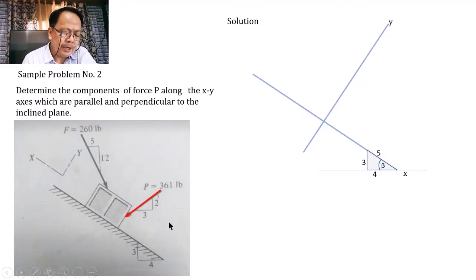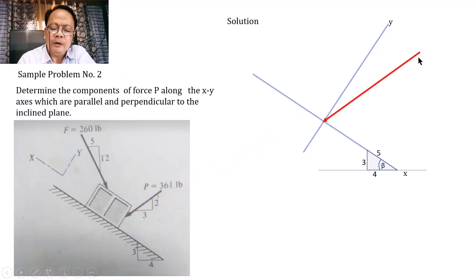Here's our P. P is acting at an angle of 2 vertical, 3 horizontal. Let us imagine that this is acting at this point, so let us transfer this from here. And so here is our force P having a magnitude of 361.